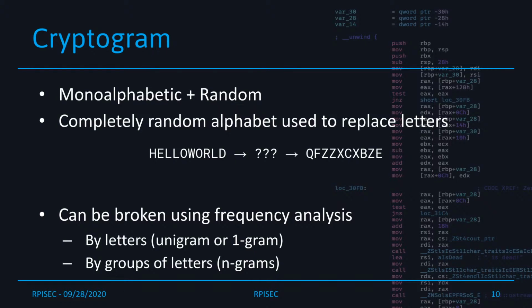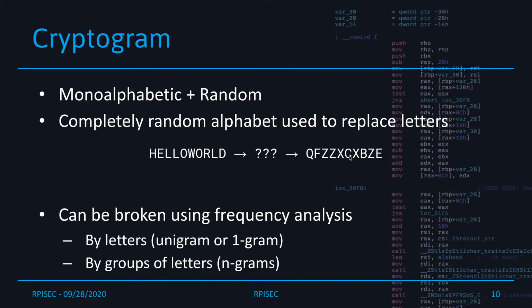It's kind of like a mapping of one letter onto another. As an example, say we have the string hello world. We can apply a cryptogram to it that maps H to Q, E to F, L to Z, and so on, and generate a ciphertext that is generally unreadable.